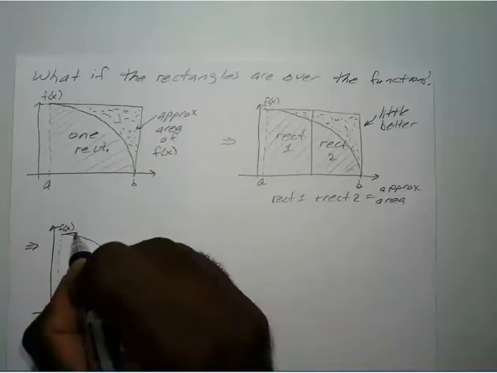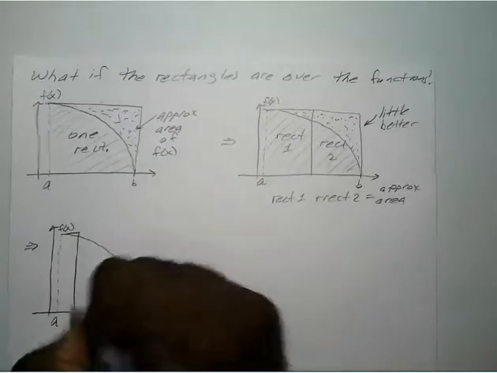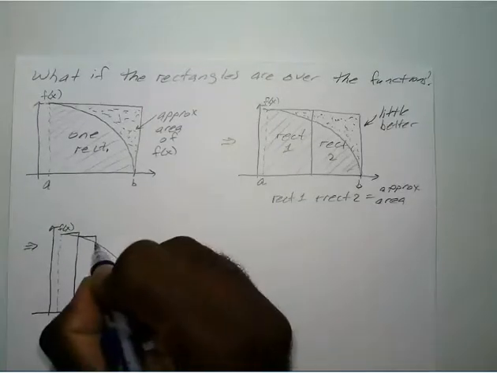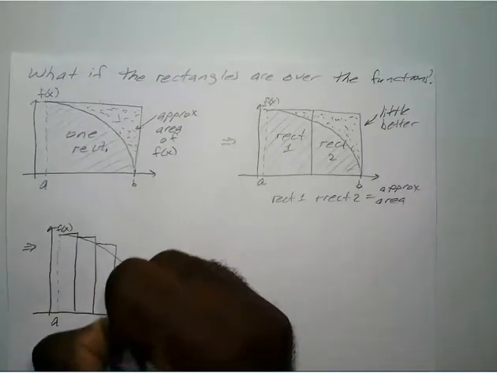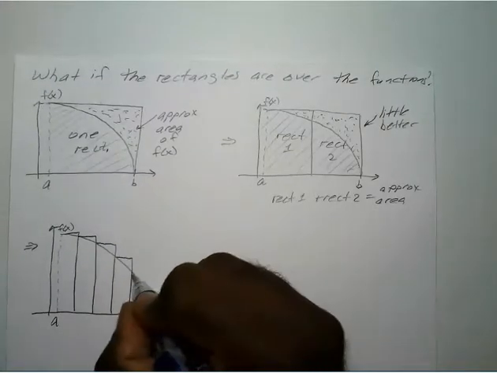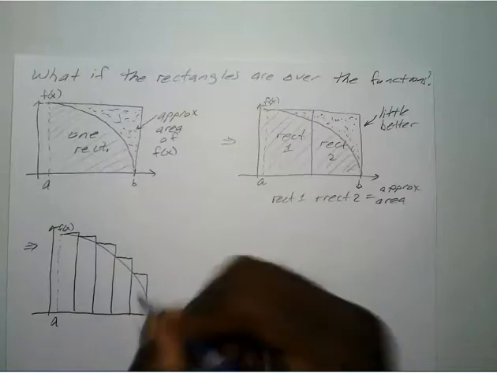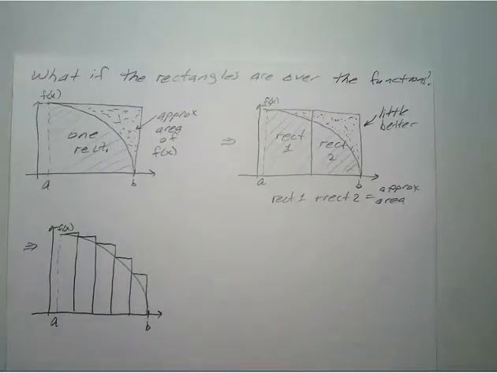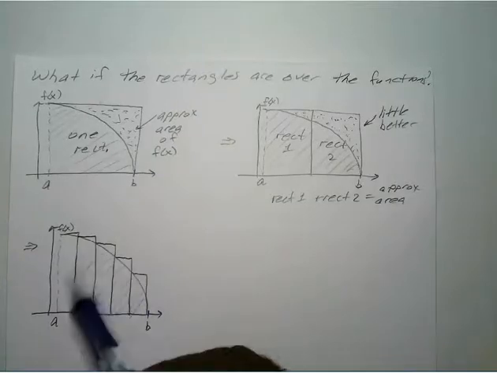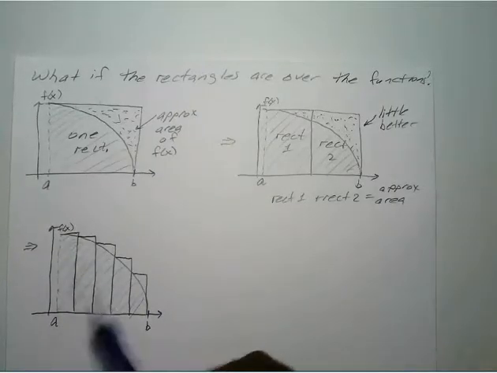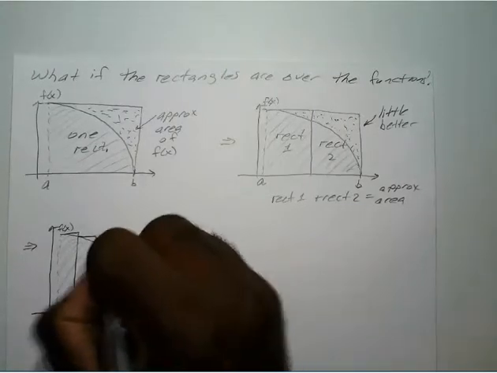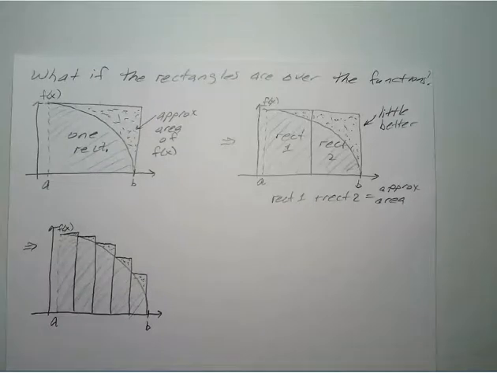So let's say we have one rectangle, two rectangles, 3 rectangles, 4 rectangles, and 5 rectangles. And remember, once again, we're just trying to find the area up underneath the function. So this is all just extra guessing. We kind of overshot it again.